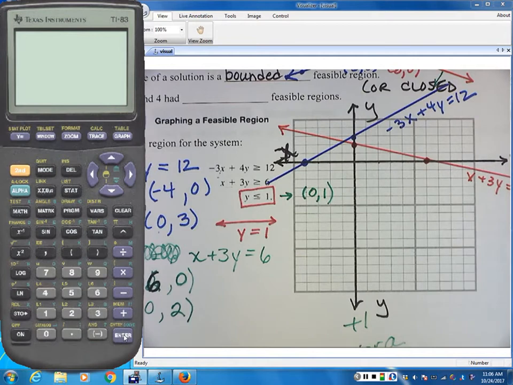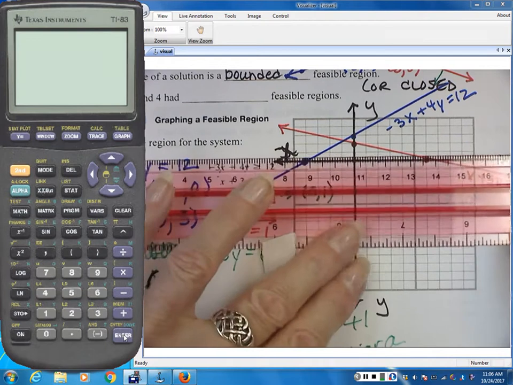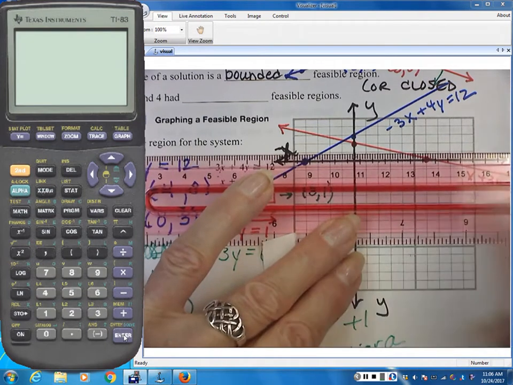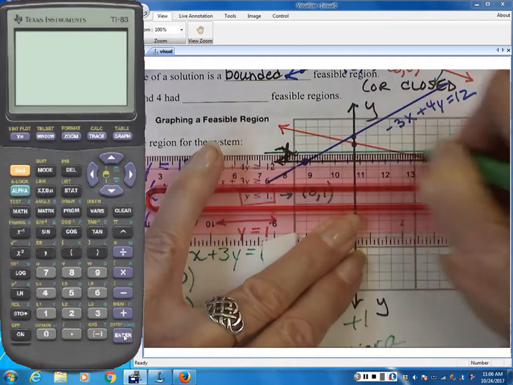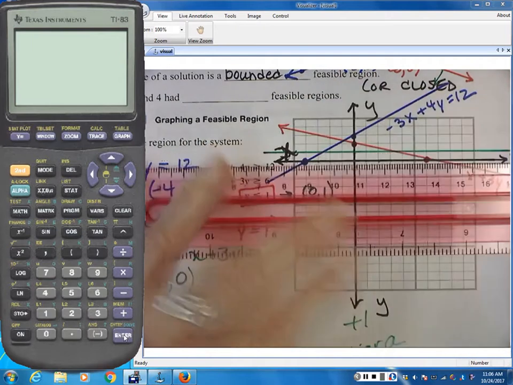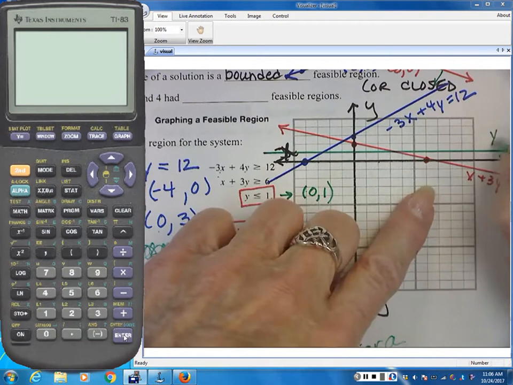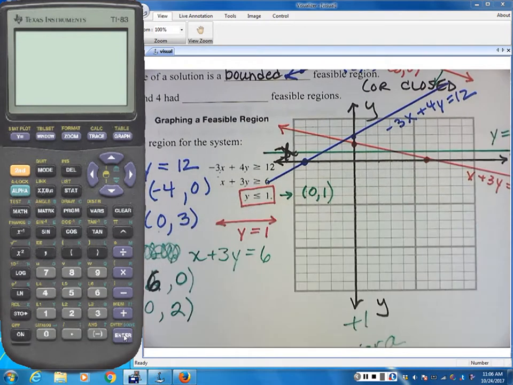And then I also have one more line, and that's the line y equals 1. So I'm going to think through how I want to shade this.